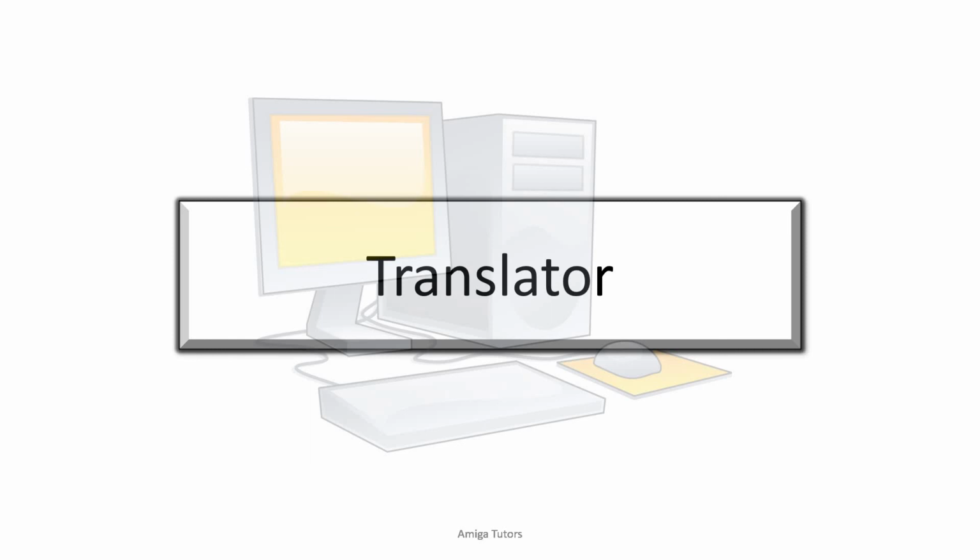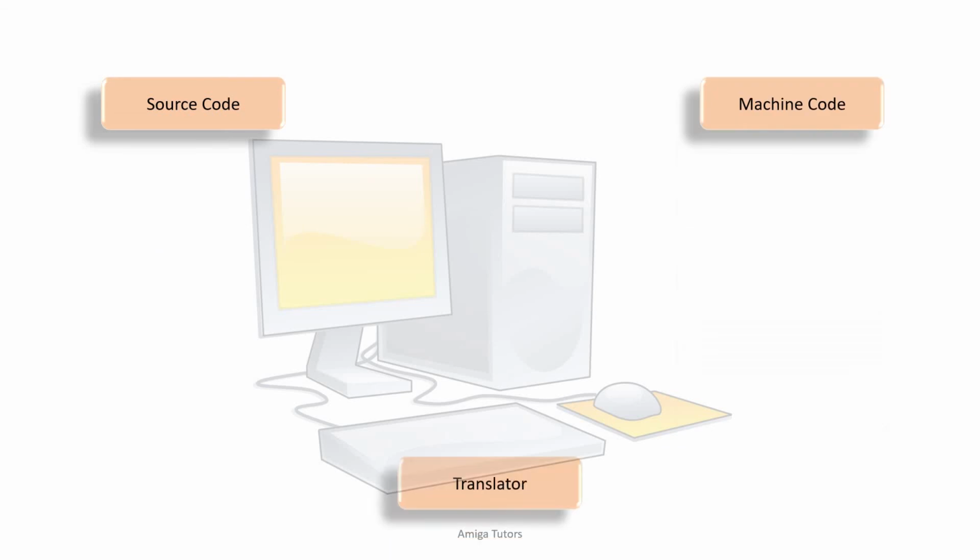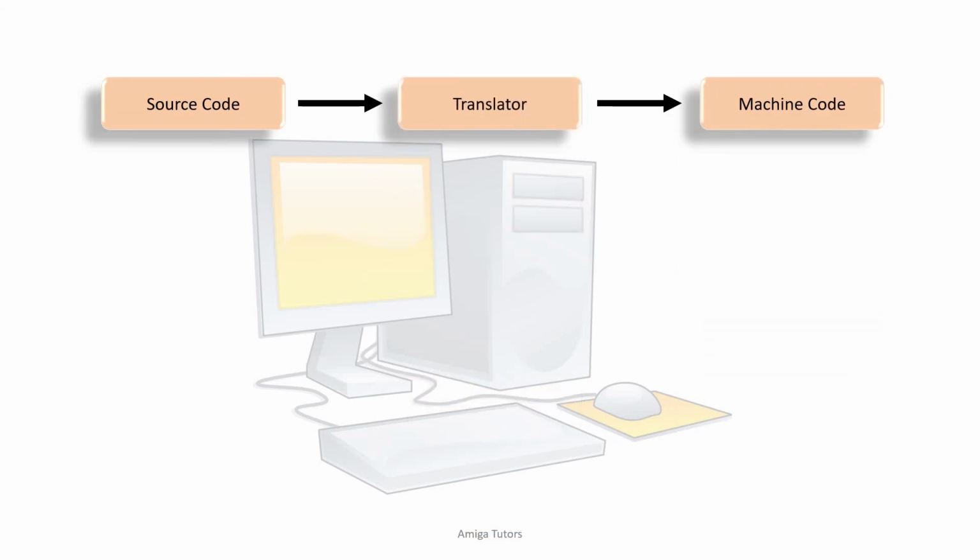A translator is used to change our language into machine level language. How? It takes source code, meaning the code we are giving, the information we are providing, and it translates it into machine code by itself.